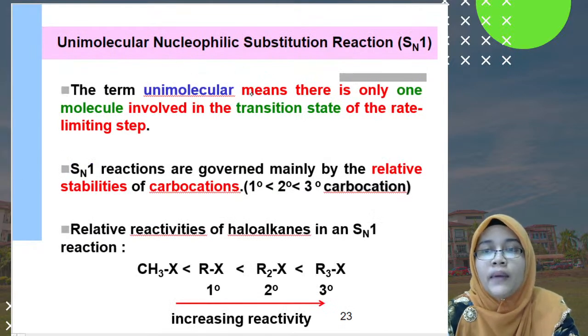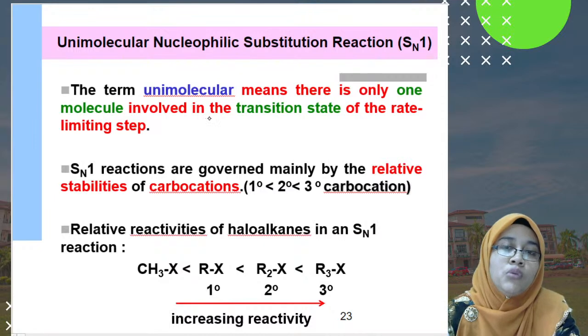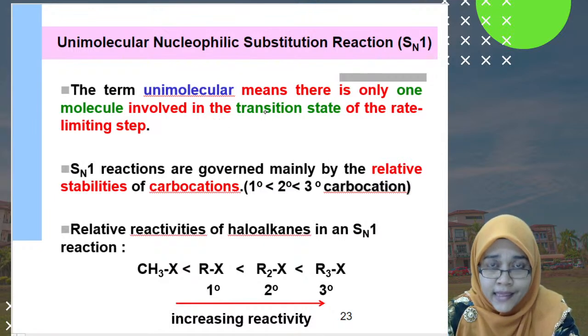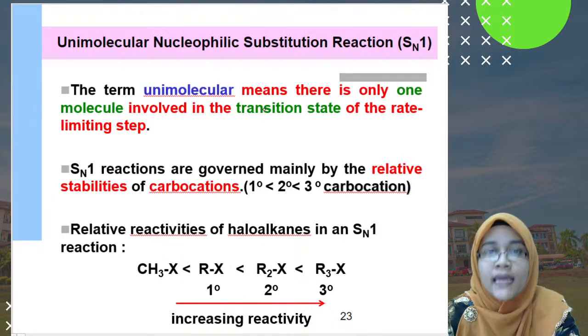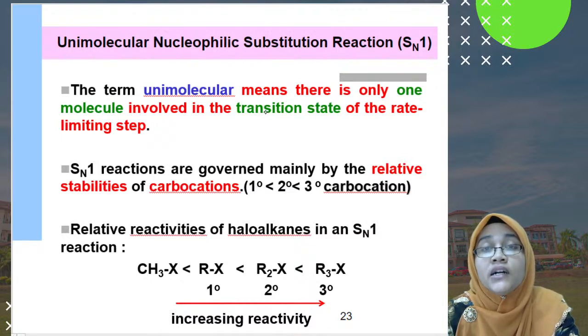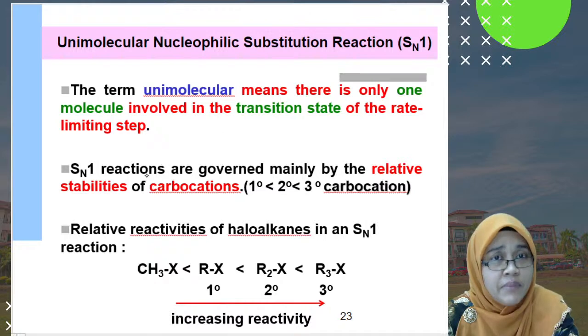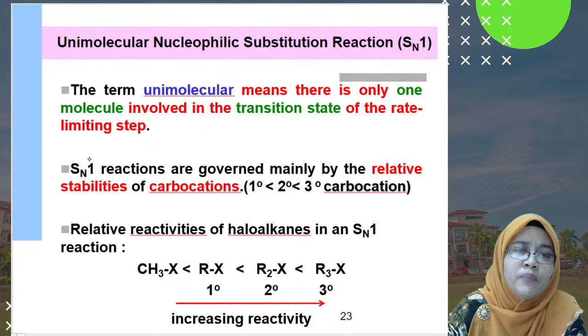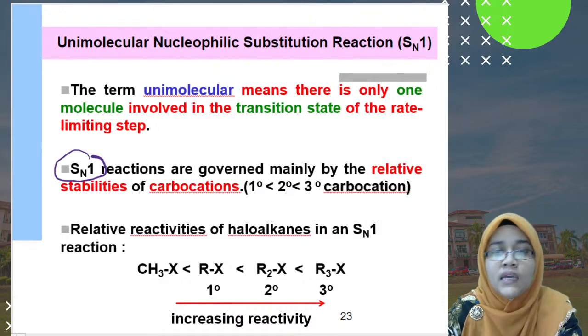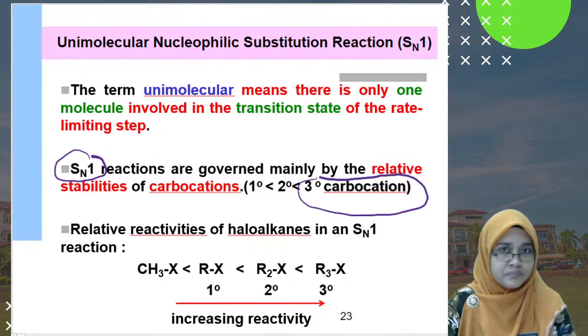SN1. Okay, we look at SN1. The term unimolecular means there is only one molecule involved in the transition state of the rate limiting step. The SN1 reaction is governed mainly by the relative stabilities of the carbocation. So SN1 is preferable for tertiary haloalkane.